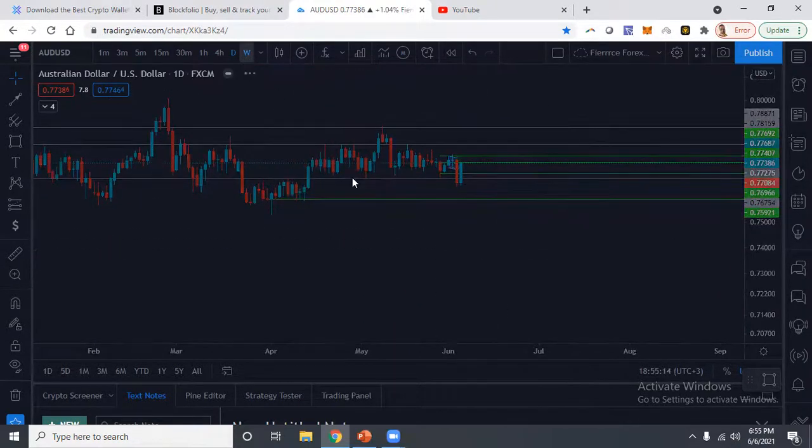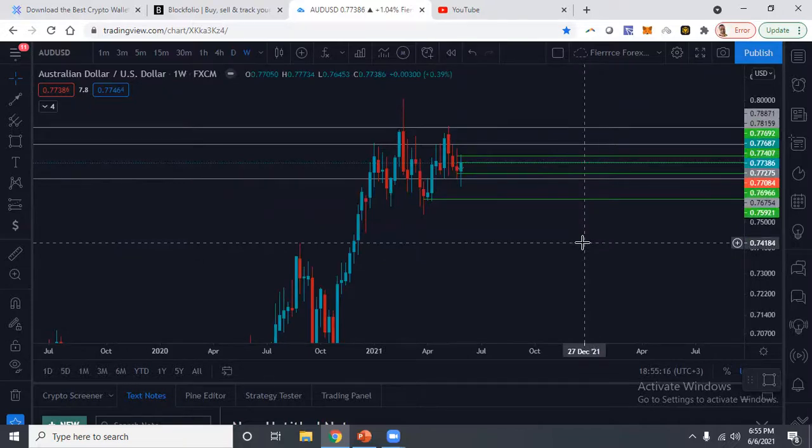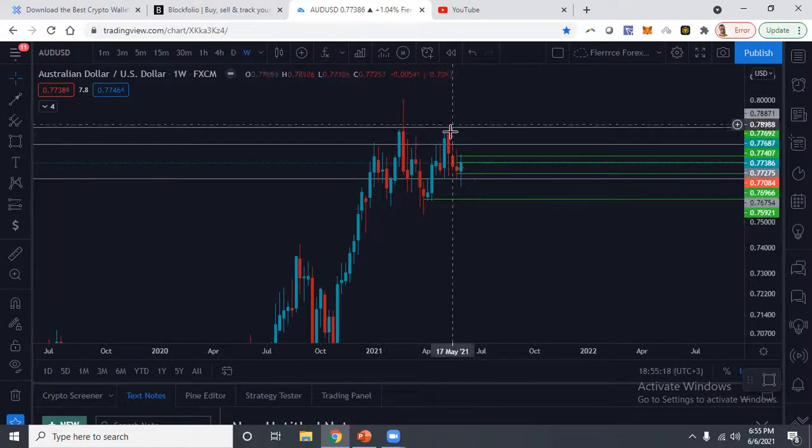Let me just look at the weekly. On the weekly, we've been pushing lower for the last 3 or 4 weeks, let's say about 3 weeks. And then last week, we broke the trend down and settled on the support and resistance level, and started pushing up.